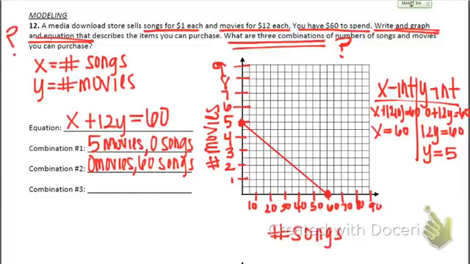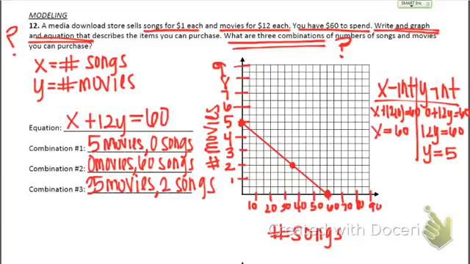Is 2 songs, 35 movies on there? Jen, is that what you're going to say? Okay, so look here, 2 songs, 35 movies. Did anybody come up with anything else?